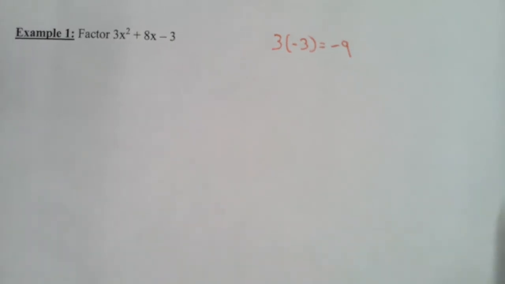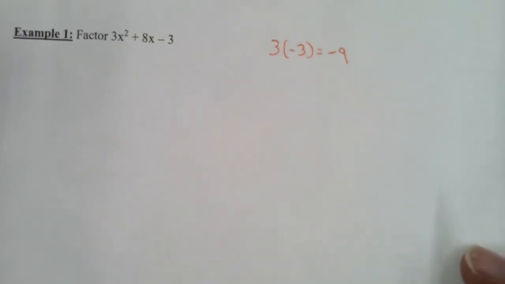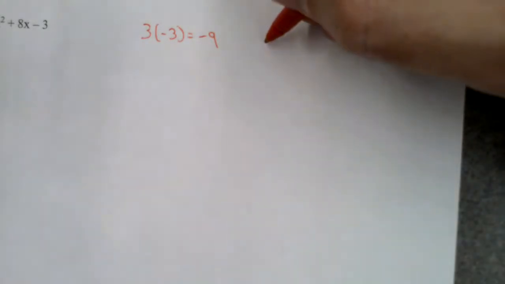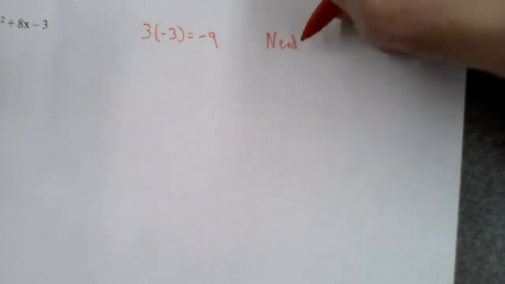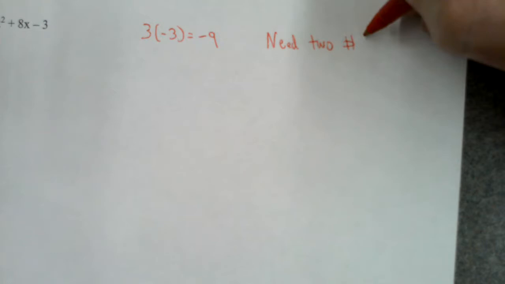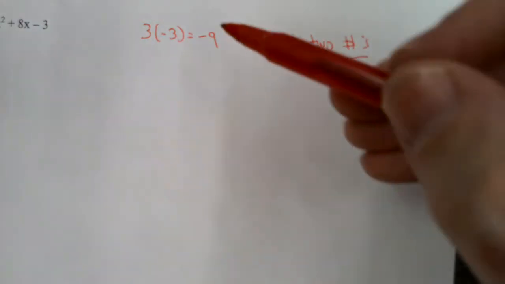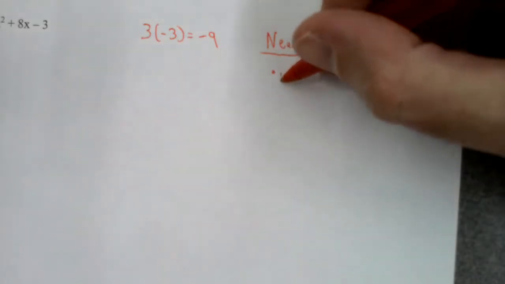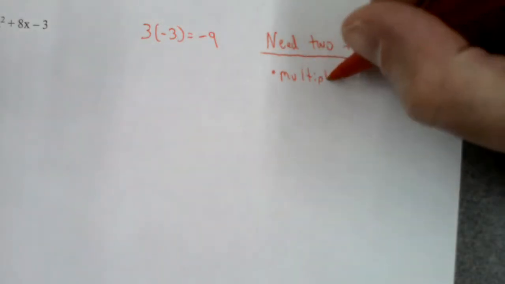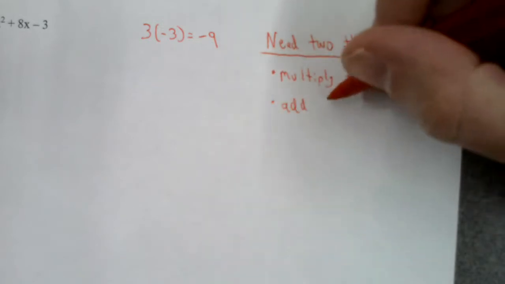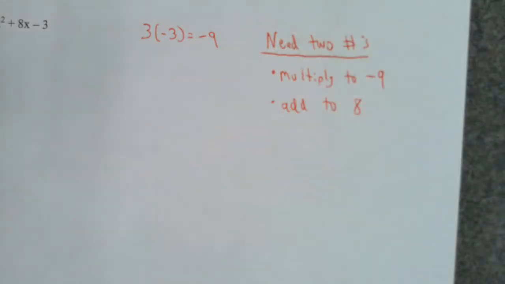So what you're going to do is look for two numbers. They have to multiply to that negative 9, and they have to add to positive 8.